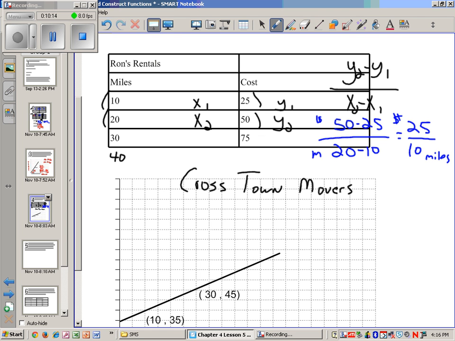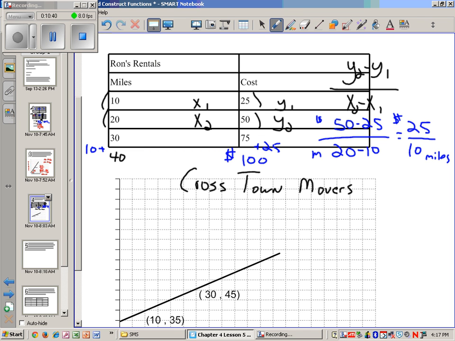So we can figure out that for every 10 miles, it's going to cost us $25. Our table had 30 miles at $75. Now we added 10 miles, which got us to 40, and we add our $25. So that would cost us $100 to rent a truck to go 40 miles for Ron's Rentals.